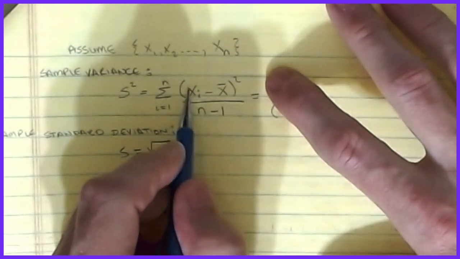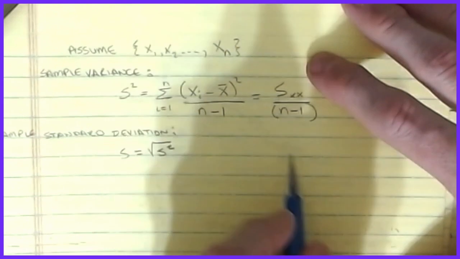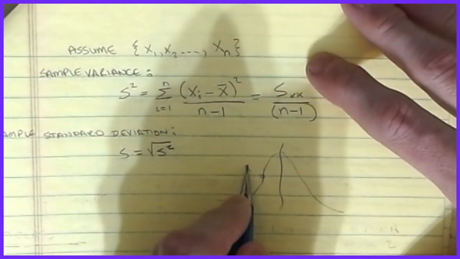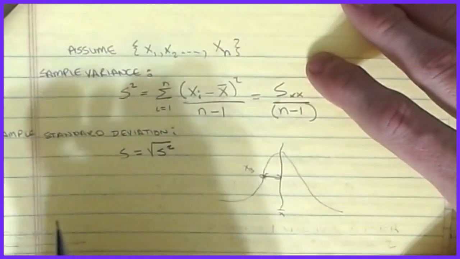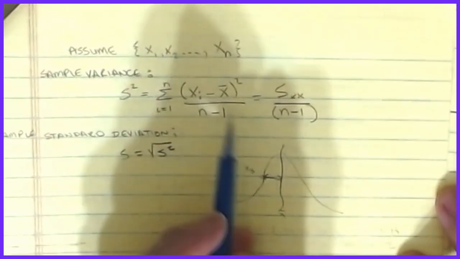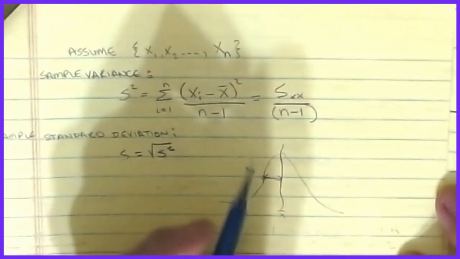So I take the difference between each data point and the average value. Basically, if my data was doing this, and I'm looking at this data point, say that's x3 and this was x bar, we're looking at that difference. It's a measure of how far away it is, and then we're summing up a kind of distance squared calculation associated with that.